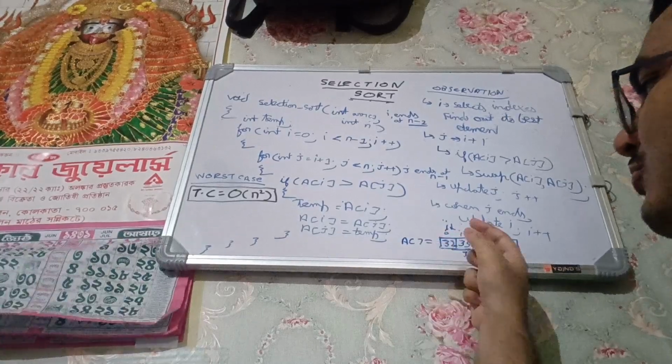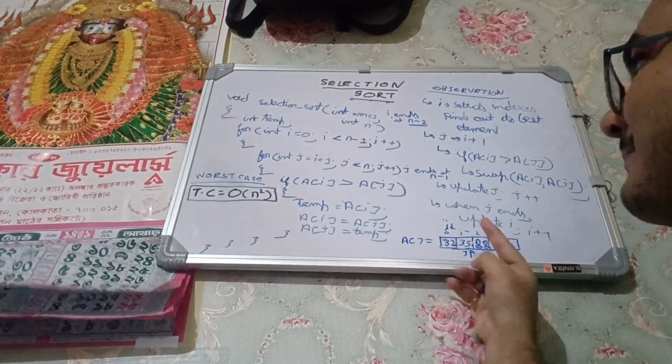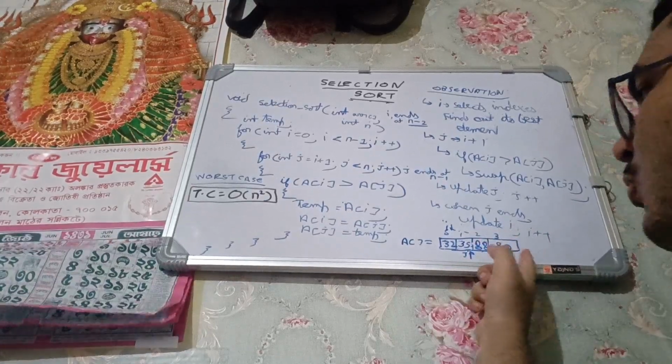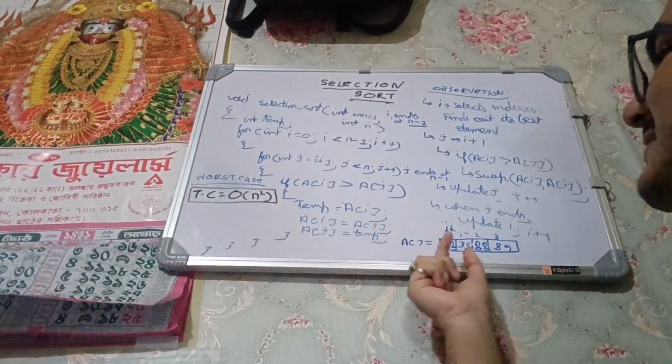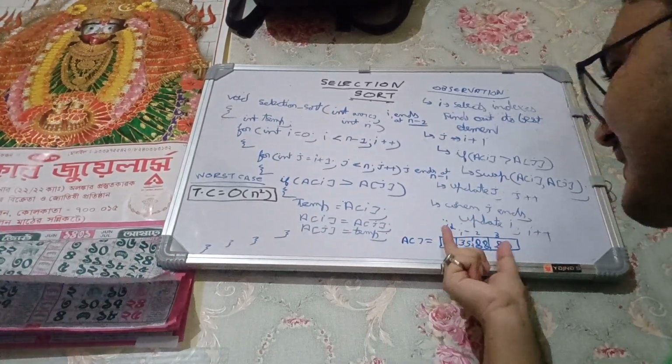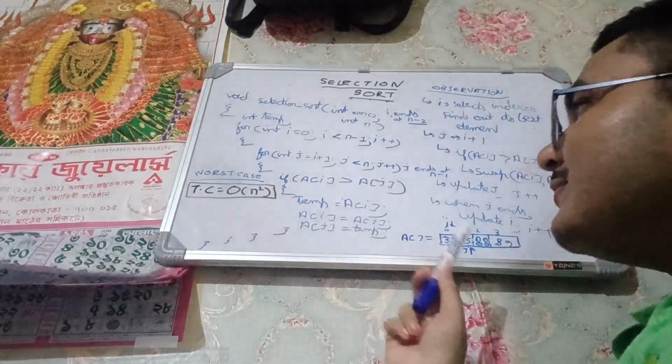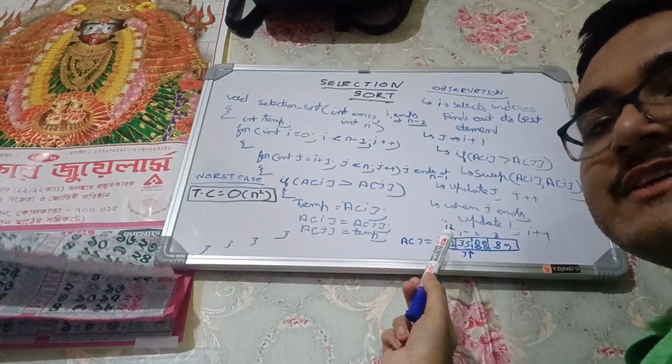Now no need of swapping, but the comparison goes on. J stops here. Still the time required is big O of n square, because the comparisons will be done. J will stop, then I will start from the next element.